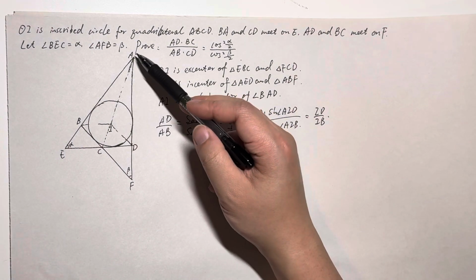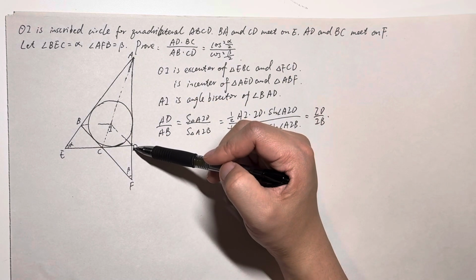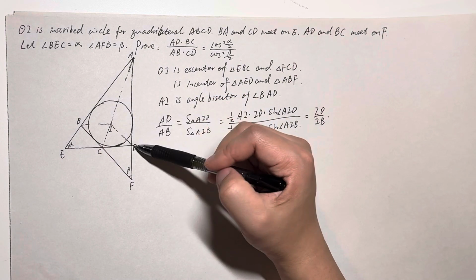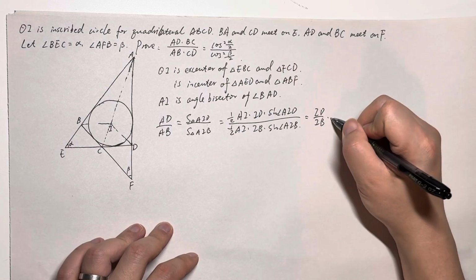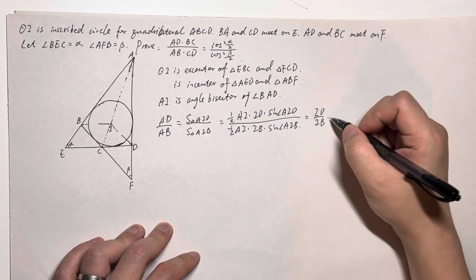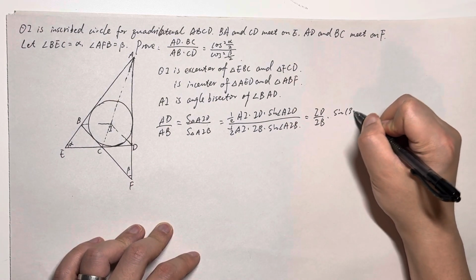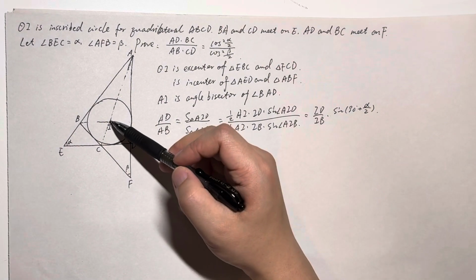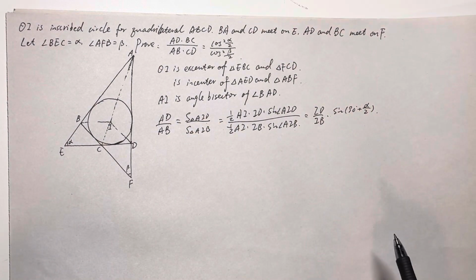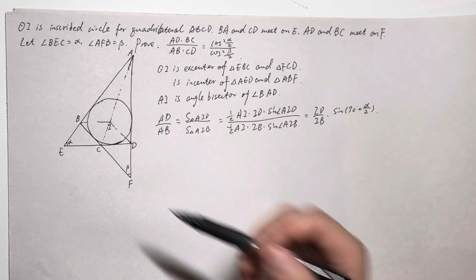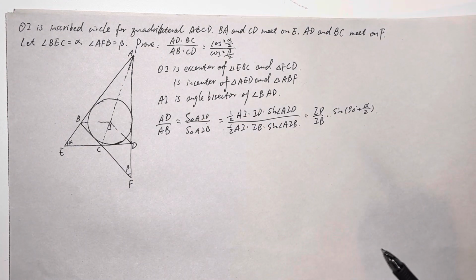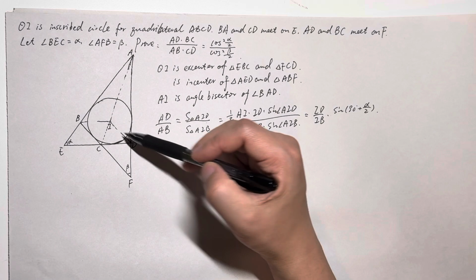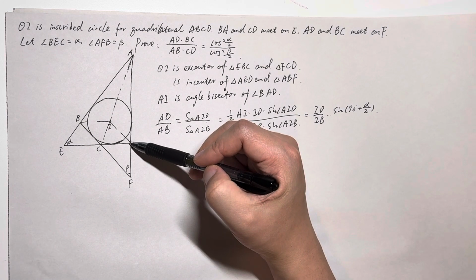What is angle AID? Because I is the incenter of triangle AED, angle AID is 90 degrees plus half of alpha, right? That's a property we learned from the incenter. If you don't remember this one, please refer to the previous video talking about the properties of the incenter.